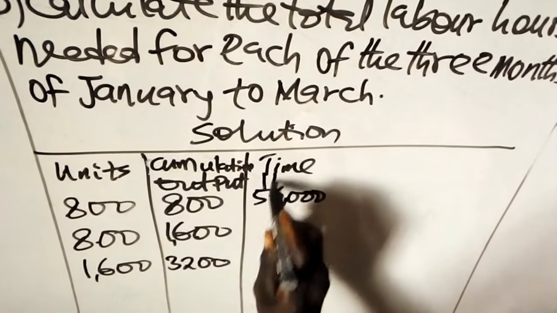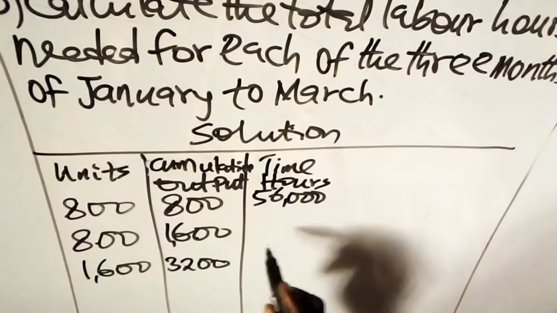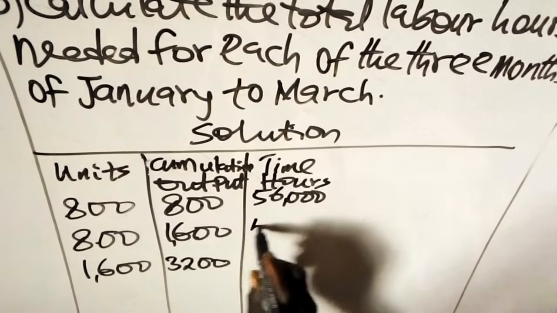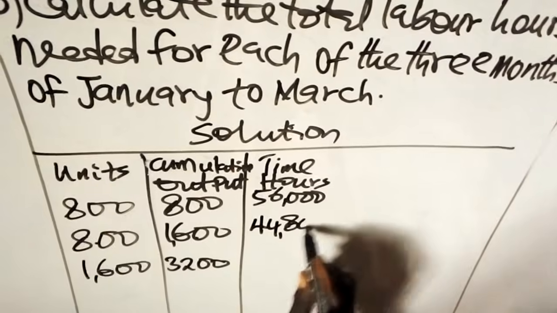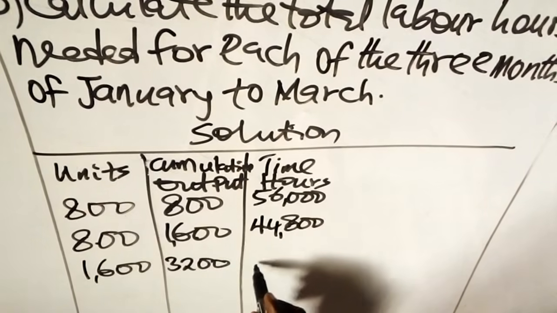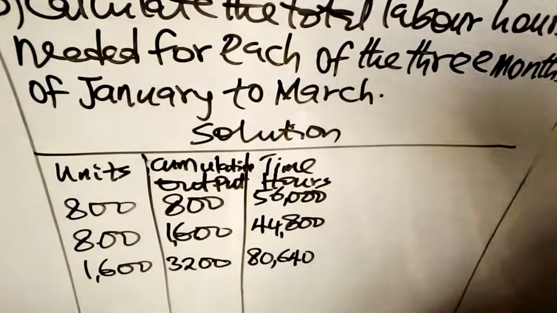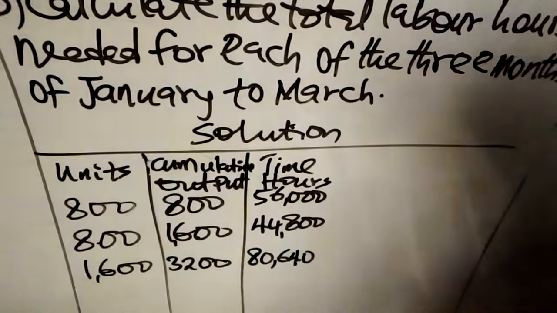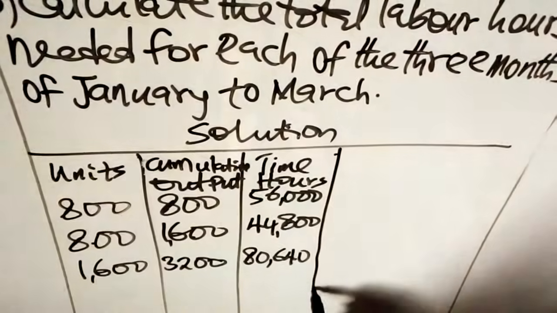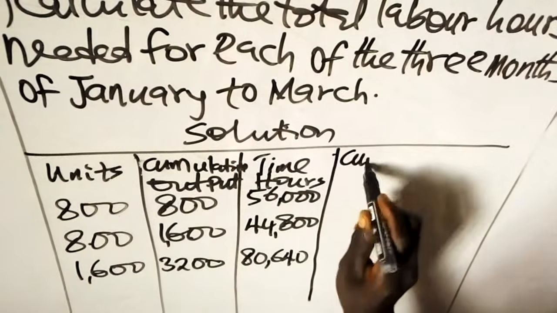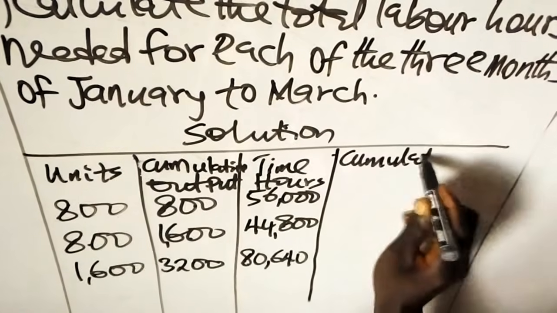The time is in hours. The second one is 44,800. And the third one is 80,640. Then you need to calculate the cumulative time.